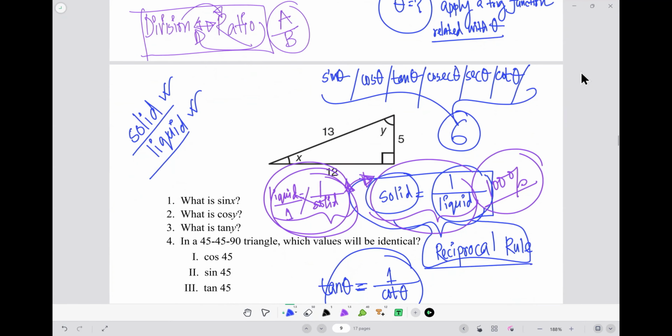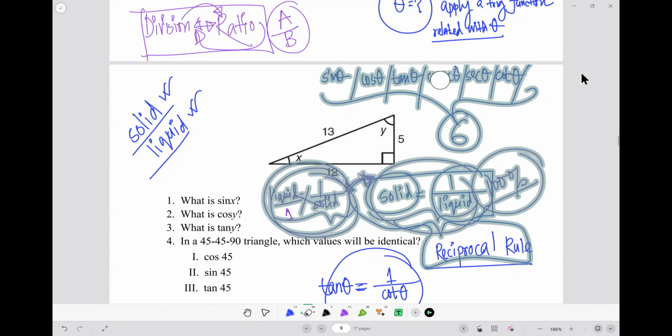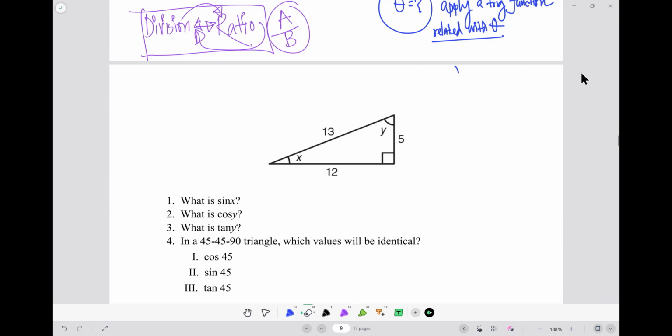They're asking you, for example, to tell the basic definition for this right angle. So what does that mean? It means that sin x is our field of interest. This is basically our angle of focus.